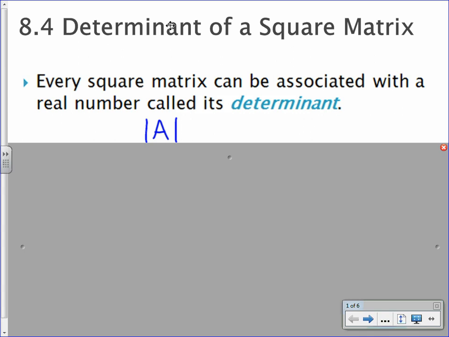When the absolute value bars are used in relationship to a matrix, that means the determinant. I am going to show you how to find a 2 by 2 determinant and a 3 by 3 determinant. We can find determinants for any square matrix, but we're really going to just focus on 2 by 2s and 3 by 3s.